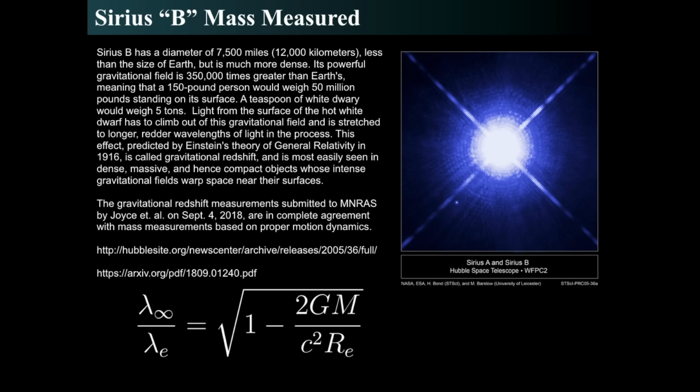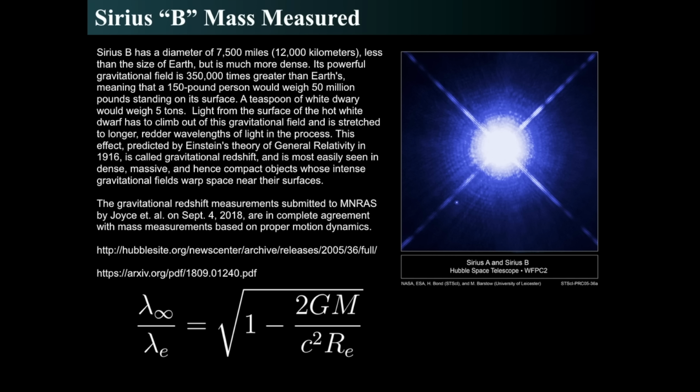And what's fascinating is the gravitational field for something that massive would be about 350,000 times that of Earth. So if you weigh 150 pounds right now on Earth, you would weigh 50 million pounds if you stood on the surface of Sirius B.